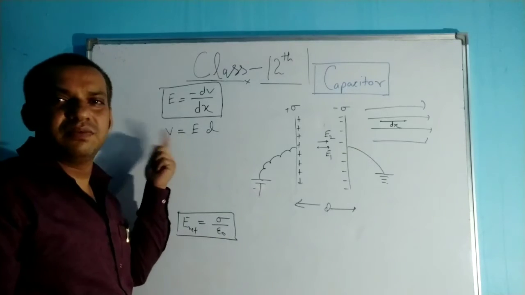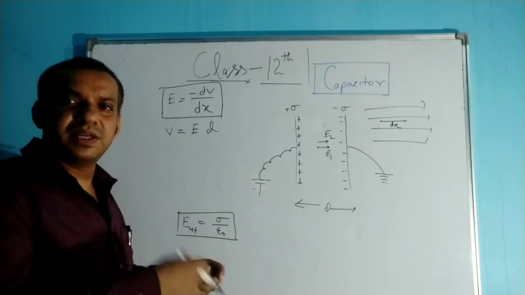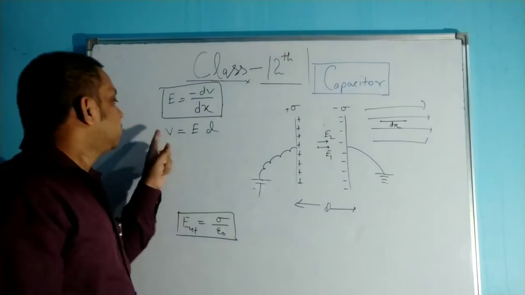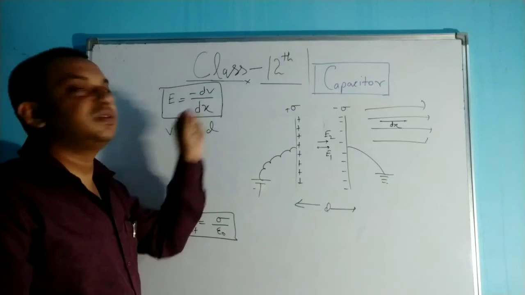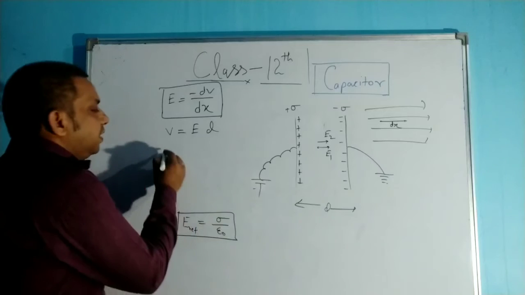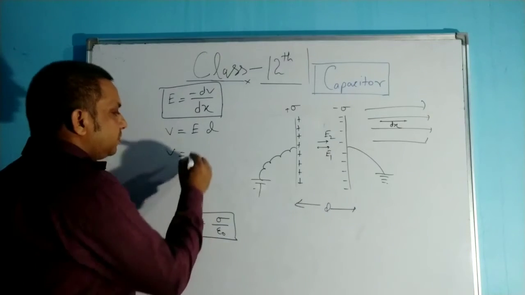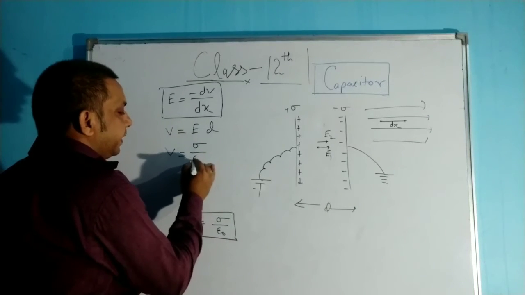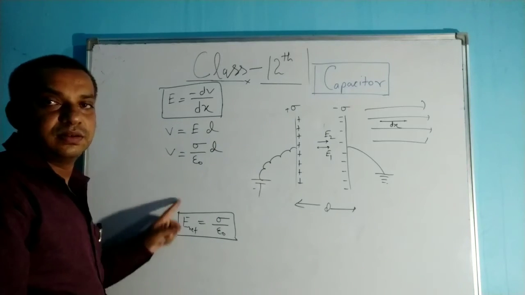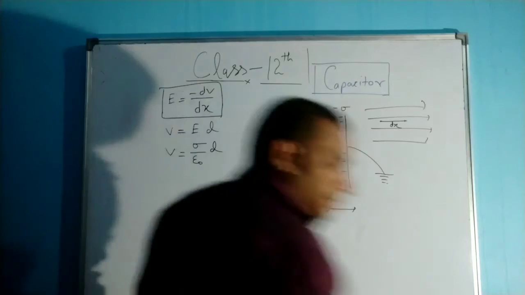So no need to worry whether it's plus or minus. So V is equal to E into d from this potential gradient relation. Put the value of E net here, and you will get V is equal to sigma upon epsilon naught into d.